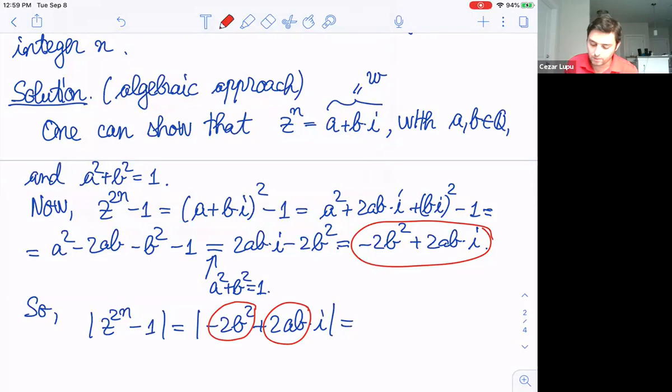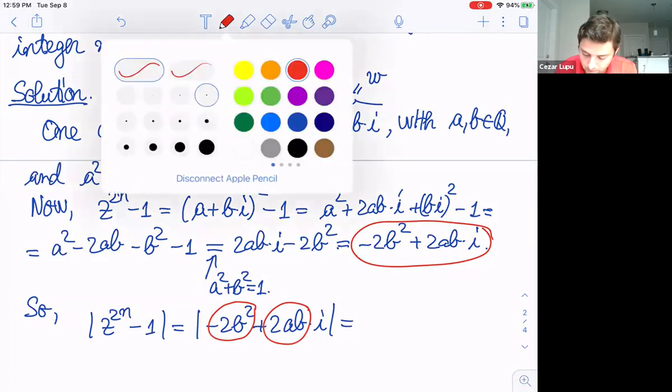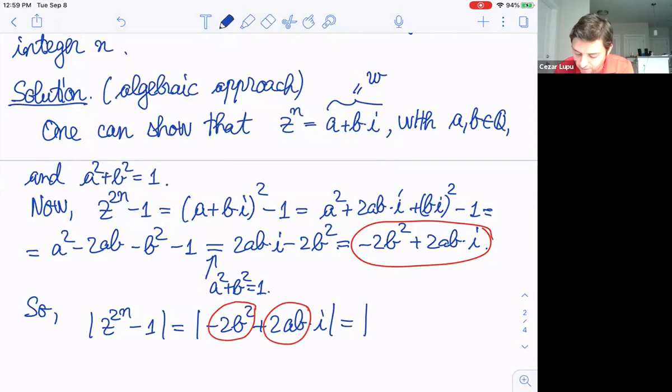Or if you want, you can even have another option here. Since we don't want to do too many computations, we can actually factor something here. So you can factor 2b. So you have 2b times, what do you have? a i minus b plus a times i, right?